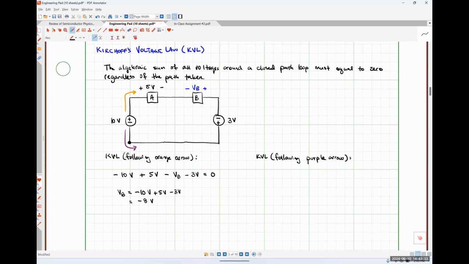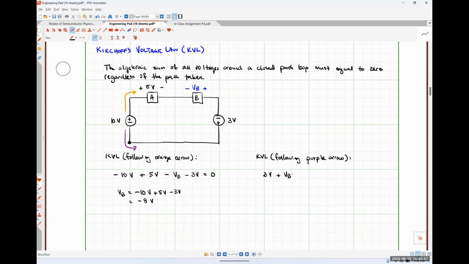Positive 3 volts. All right, so 3 volts, and I see the positive polarity terminal first, so it's going to get a plus sign. Absolutely correct. What do I see next? Positive VB. All right, absolutely correct.